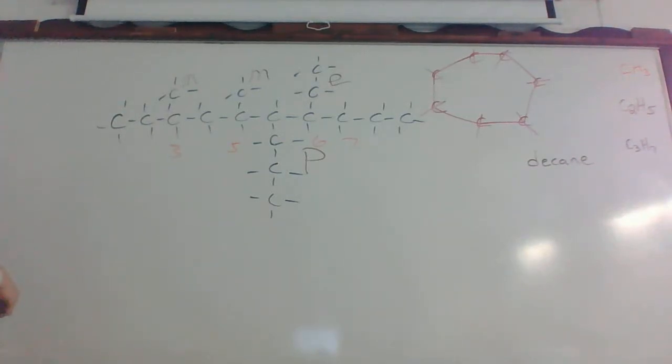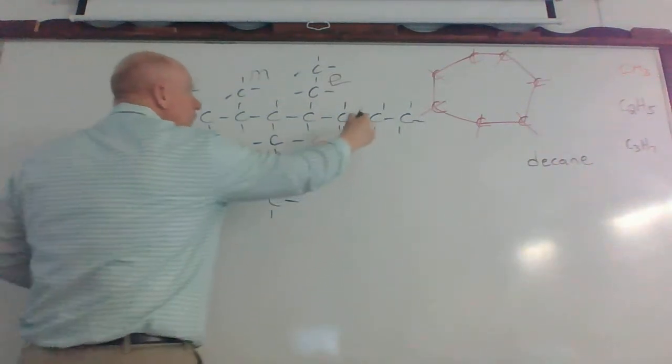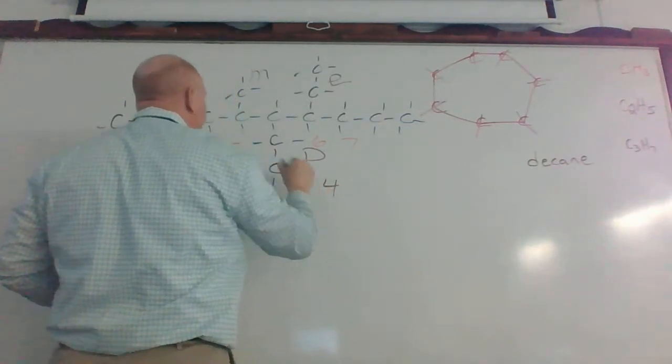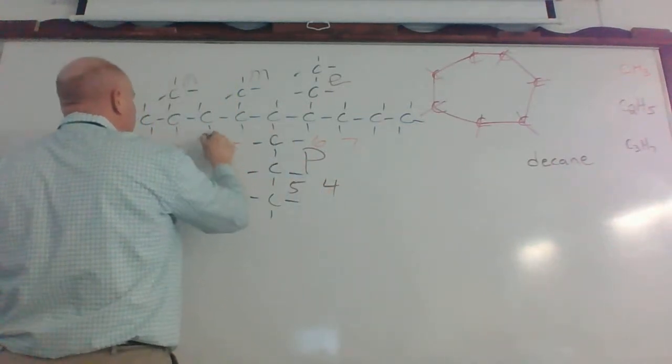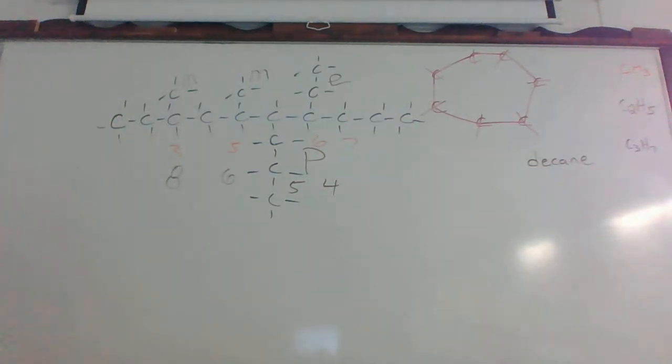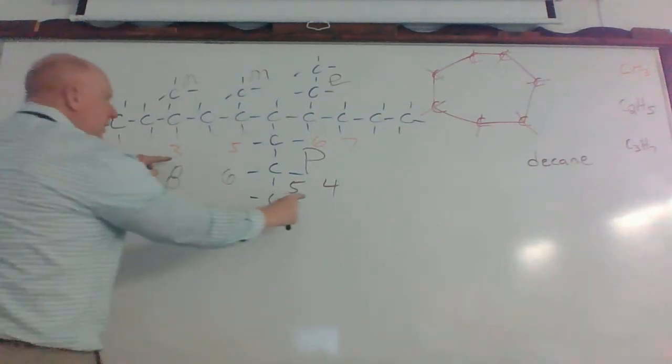And if we go the other way, then we've got 1, 2, 3, 4, 5, 6, and 8. So do we want 3, 5, 6, and 7, or 4, 5, 6, and 8? 3, 5, 6, 7. Okay, and the determining factor then would be these two.